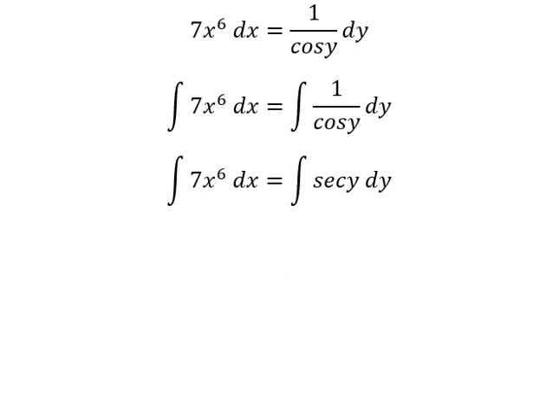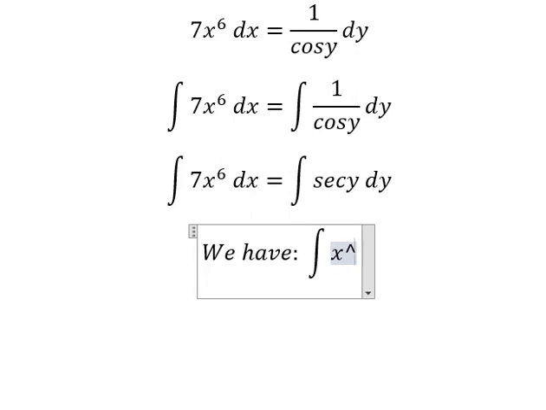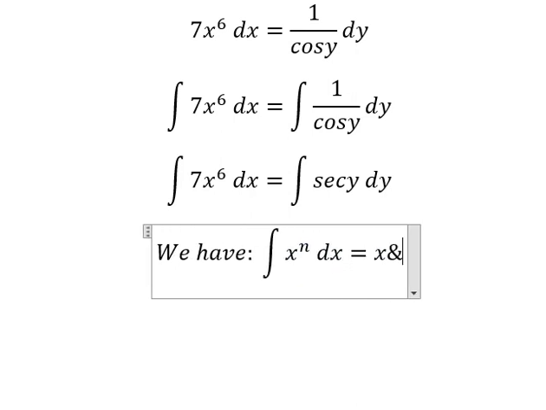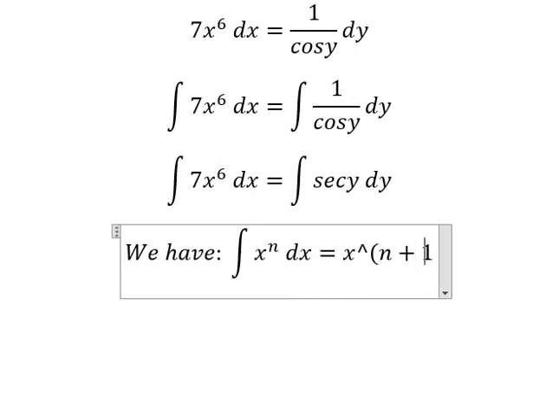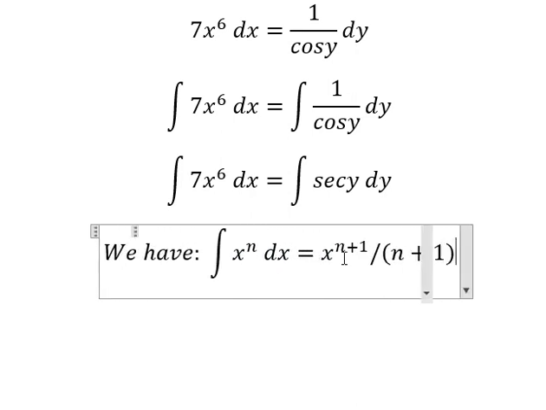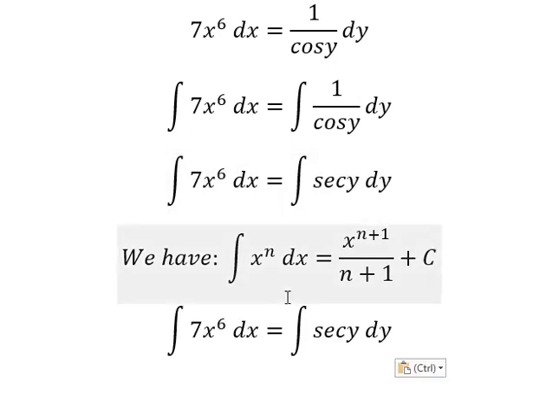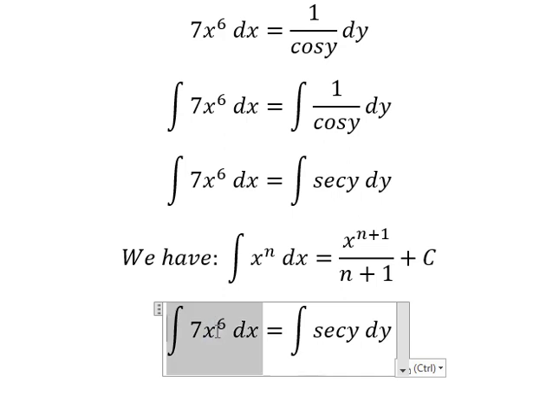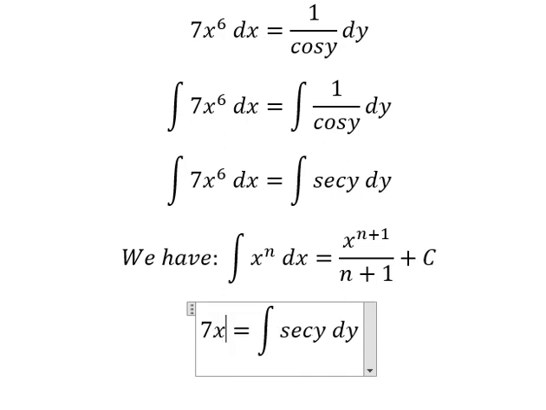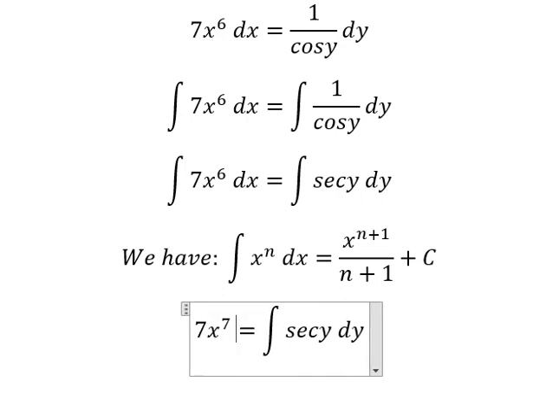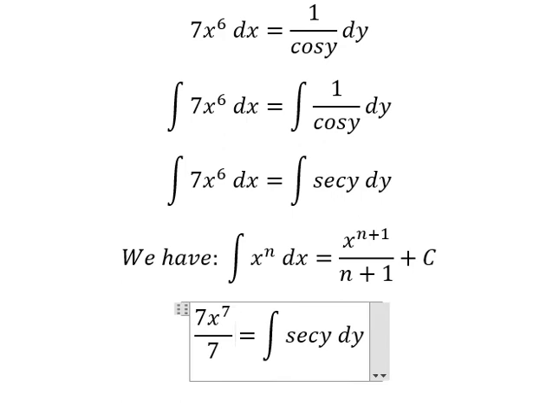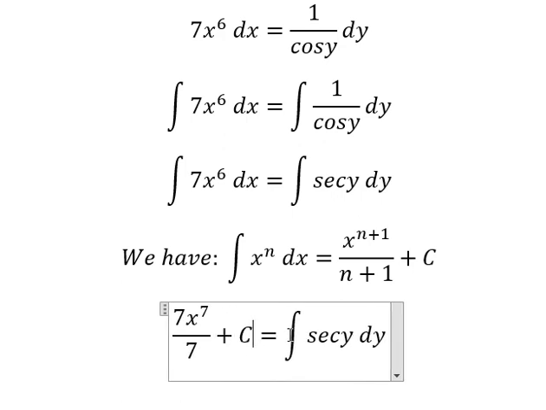Now we have the formula in here. So the integration of x to the power of 6, we have x to the power of 7 over 7, and I will put plus c.